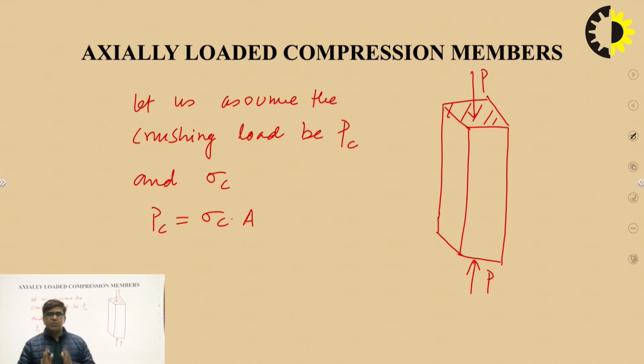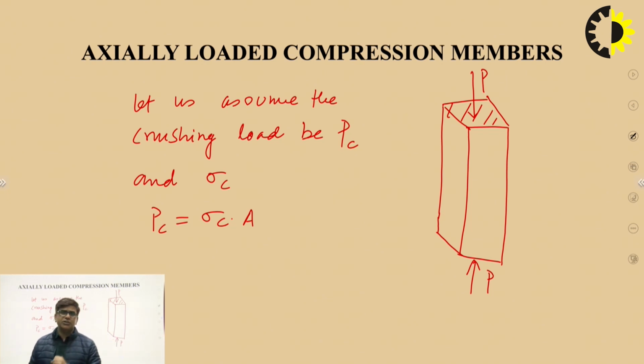But now the members which we come across do not entirely fail by crushing. The length of these members is considerably more than its lateral dimensions, and the deflection starts, the buckling starts. These members, when axially loaded, reach a critical value of force, and once the member shows the sign of buckling, it will lead to the failure of the member.